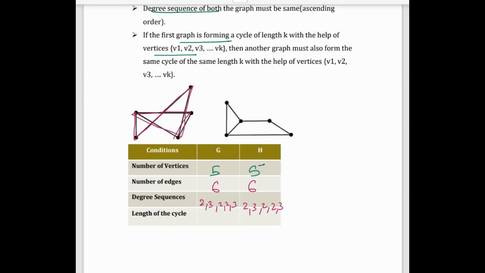Let me make it a little simple for you. I'll just take this triangle 1, 2, 3. I'll take this also, 1, 2 and 3. So the cycle here and the cycle here have the same length, that is 3 and 3. Therefore the given graph is isomorphic. Hence we complete the paper.